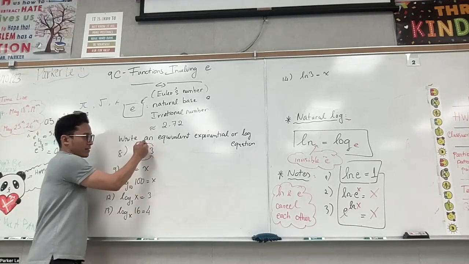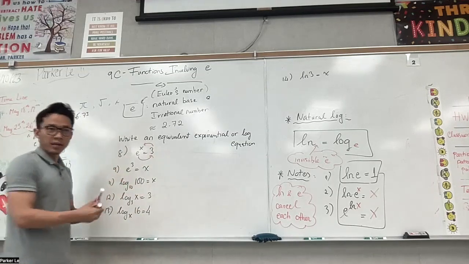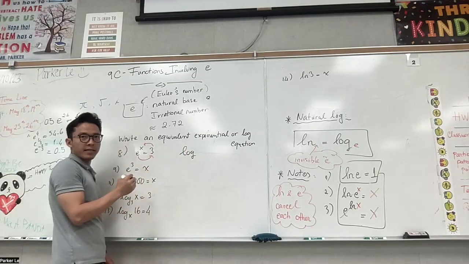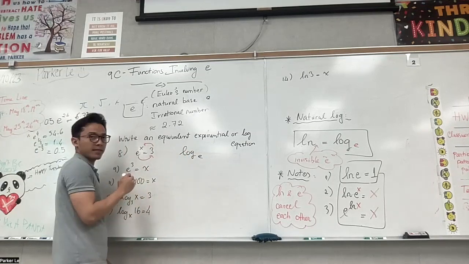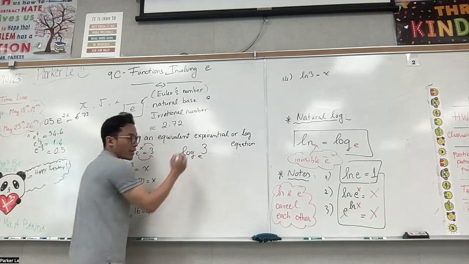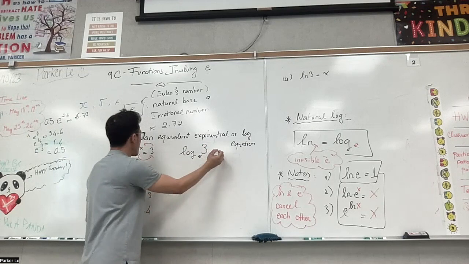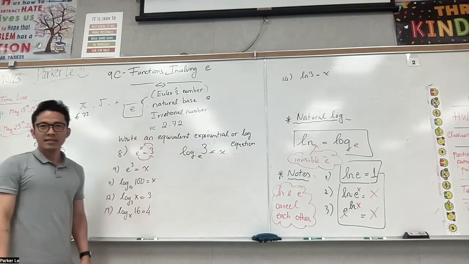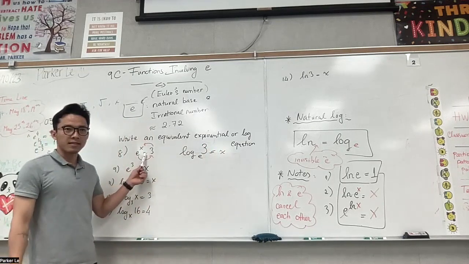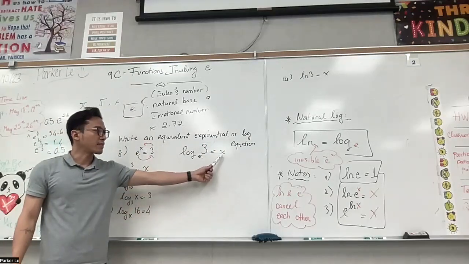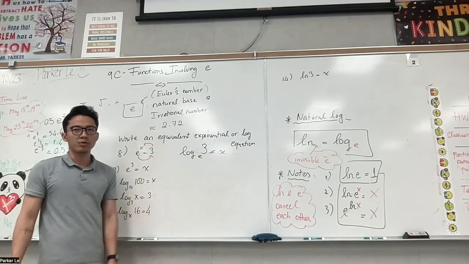How can you write it in log? So first, log, right? What number goes first? e. Very good. What next? 3. Equal to x. When you have this, you can solve x by using that method. Convert this, and now you have the answer: x equals log base e of 3.